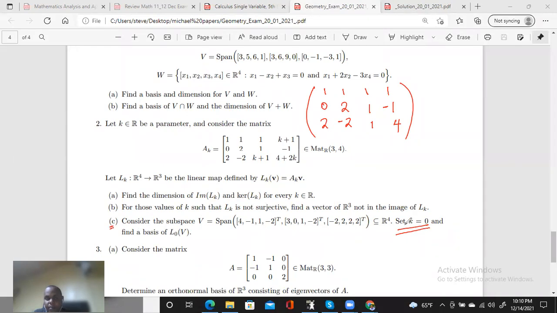But when they say span 4, minus 1, 1, minus 2, 3, 0, 1, minus 2, 2, minus 2, those three are the basis of a new vector space V. So this is taking us to a subspace of R4.